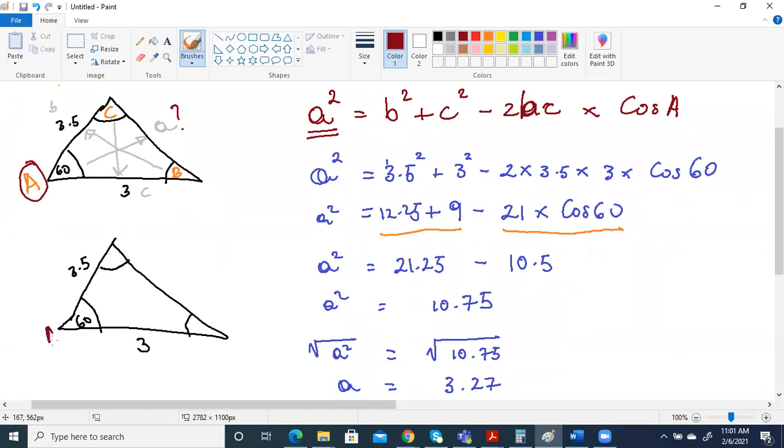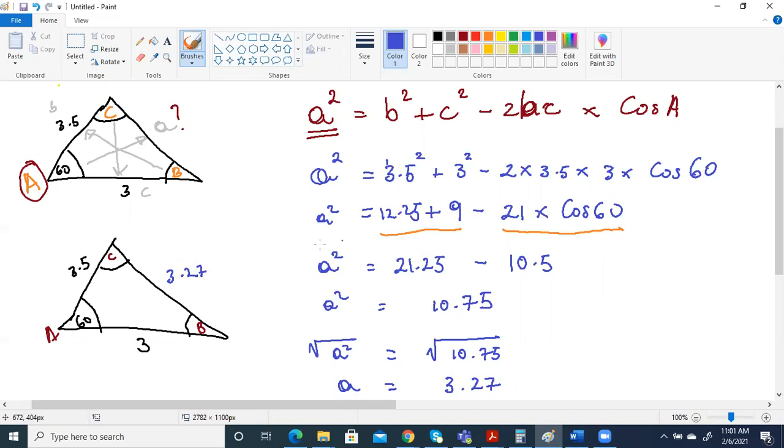This was angle A, this was angle C, that was angle B. And we just found the side A to be 3.27, right? I just drew back this triangle because it's a little less confusing than the one at the top right up here. So we found 3.27 to be side A.